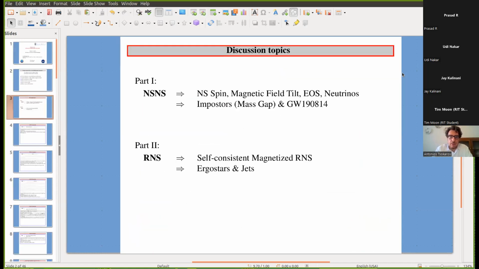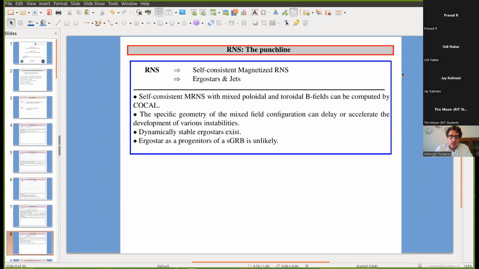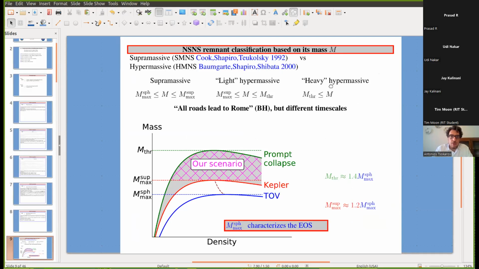So these are the three cases between these three numbers here, above and below the threshold. There is a possibility that the remnant is below this horizontal blue line.